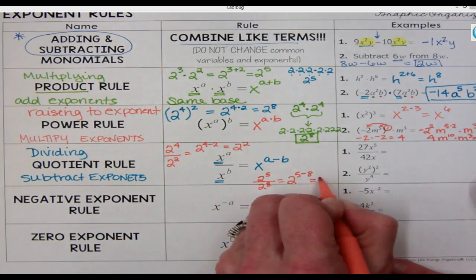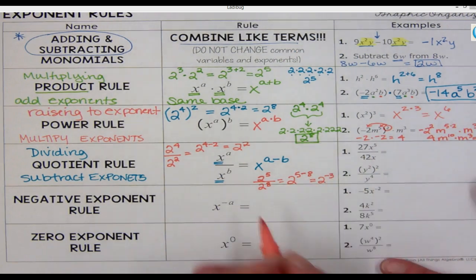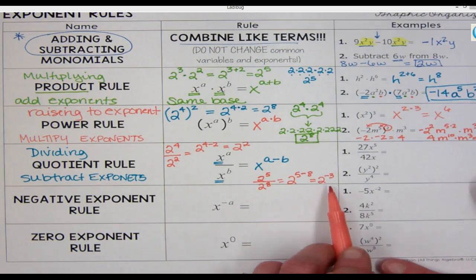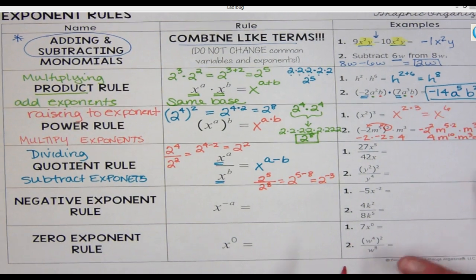That's going to give me 2 to the negative 3. And we're going to learn right here that that's not a negative number, it's actually the reciprocal. And we'll talk about that.